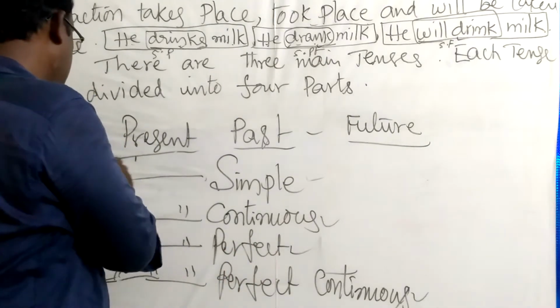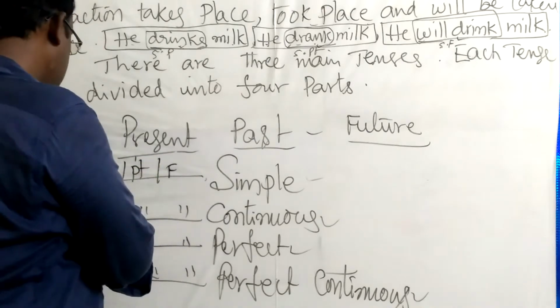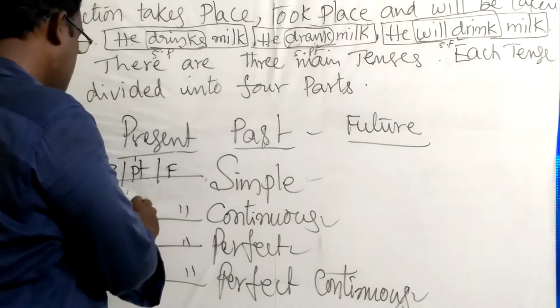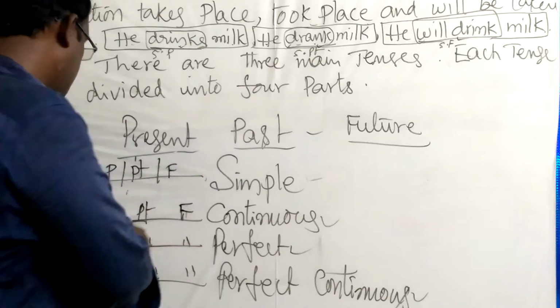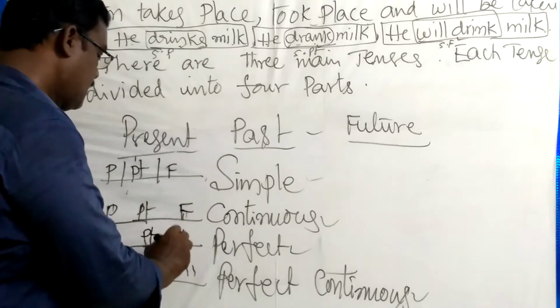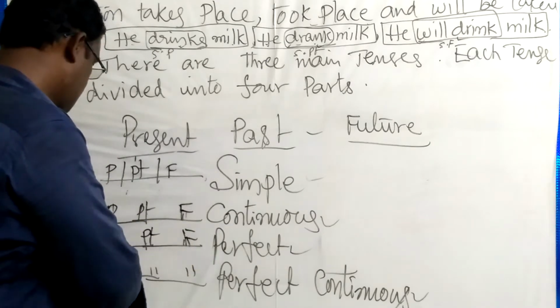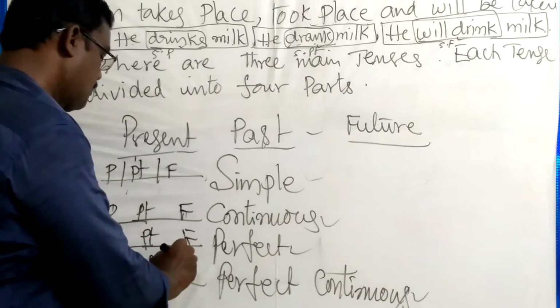So here P means present, here past, F means future. Same here also, present, past, and here future. Here also present, past, here future tense. Present, past, here future.